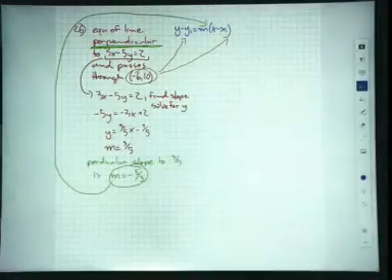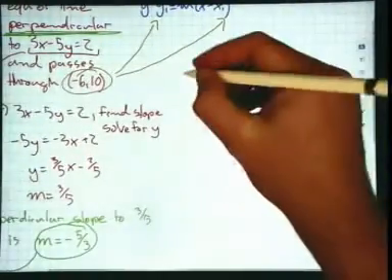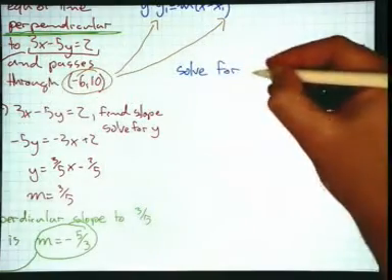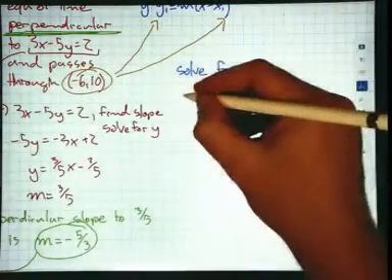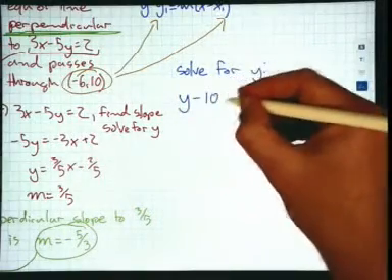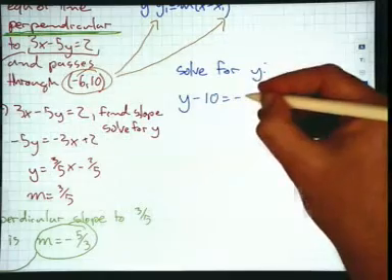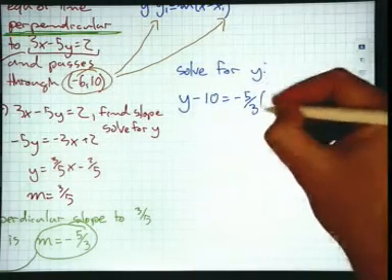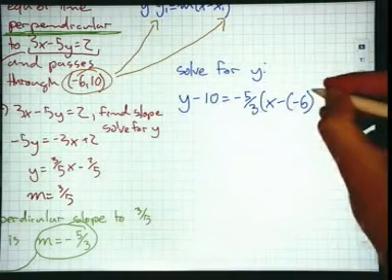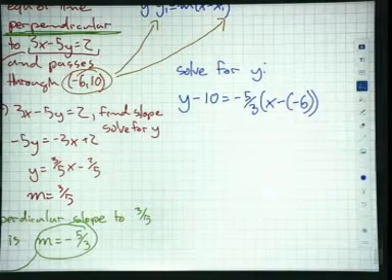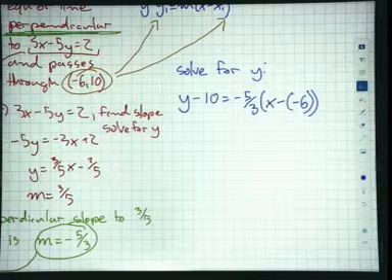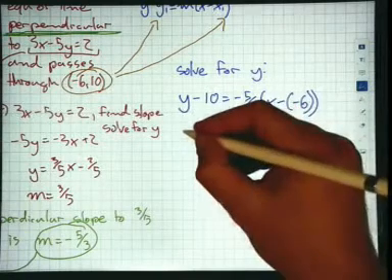So what you're going to do is you're going to go through and solve for y. Y minus 10 is equal to a negative 5/3 times an x minus a negative 6. Go through and solve for y.